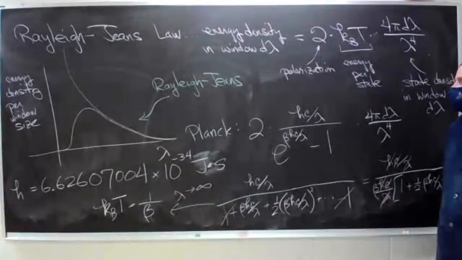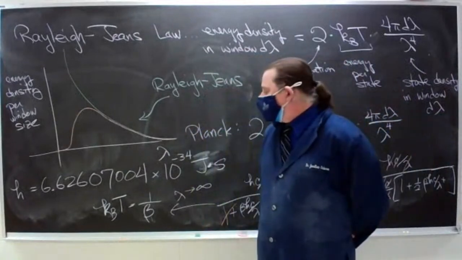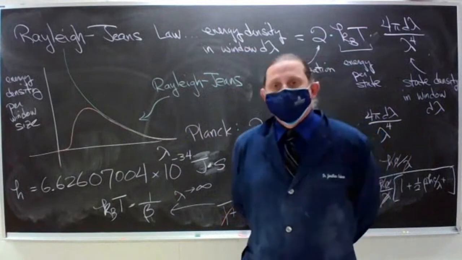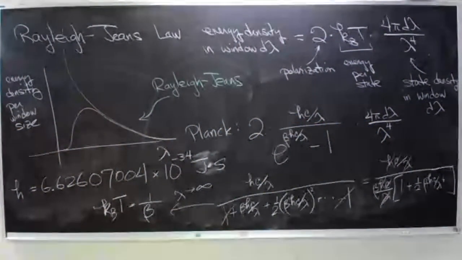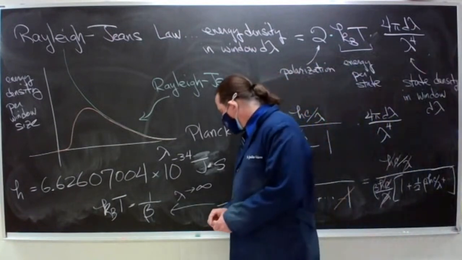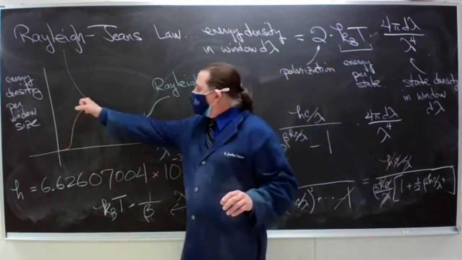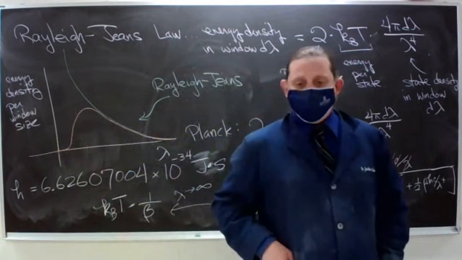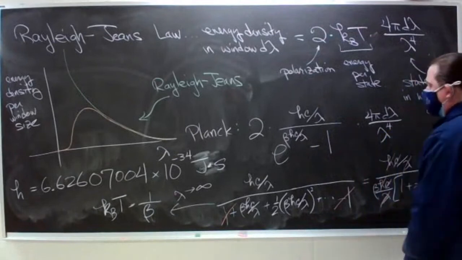All right, 6.62607004 times 10 to the minus 34 joule seconds. Now made exact, if I'm not mistaken, by the definition of the kilogram. Okay? And again, this at the time was fit to experiment to this black body radiation spectrum. All right?